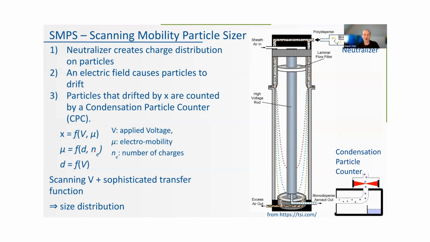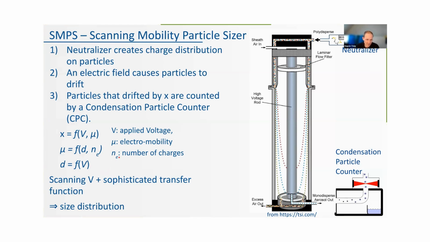Since we know a little bit about the number of charges based on what our neutralizer is doing, we can then get the diameter as a function of voltage. To get the size distribution, we only scan through the voltage and then get our size distribution after applying a rather sophisticated transfer function. So it's not as simple as the three equations here might suggest.